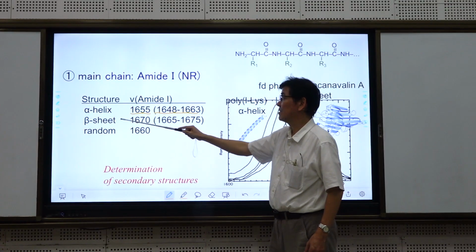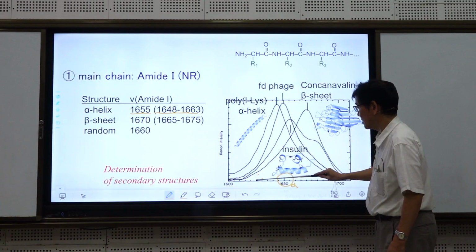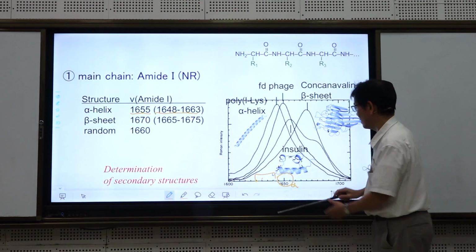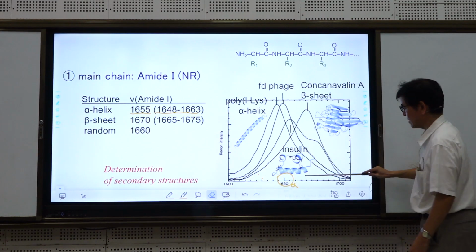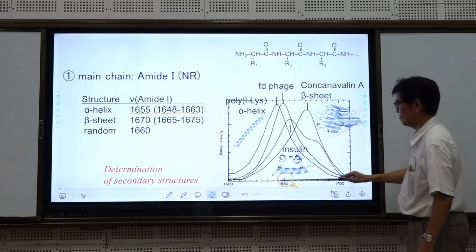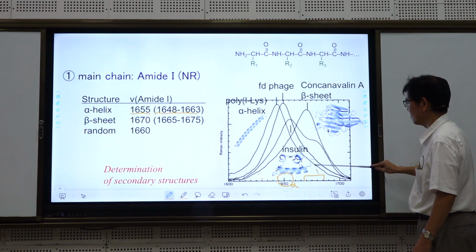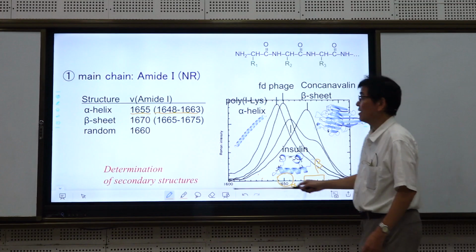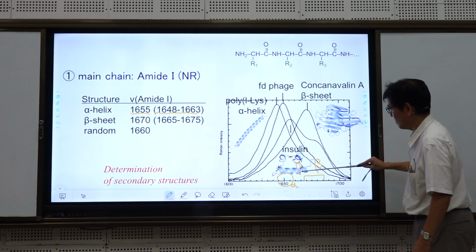Beta sheet gives the peak at 1670 or higher region. So in this region, higher is here. This region, beta. And the random structure is in between.